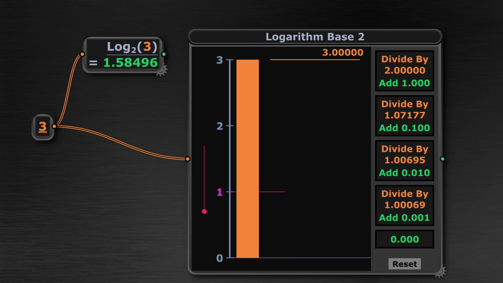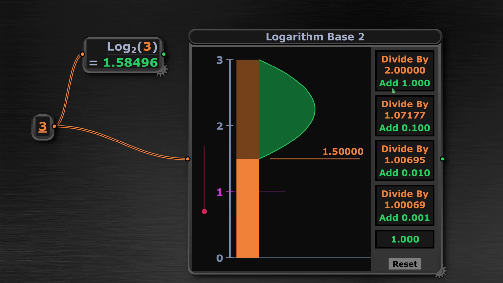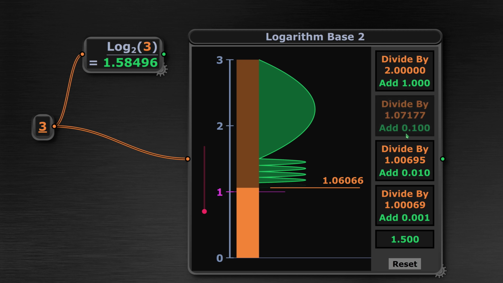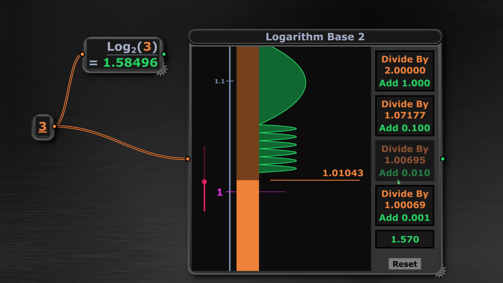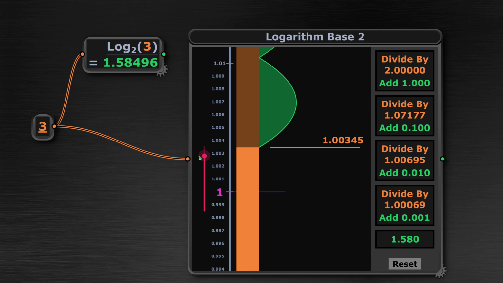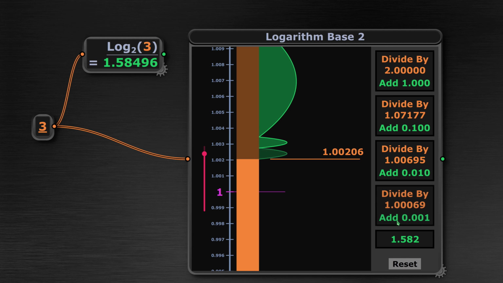So, the logarithm base 2 of 3 is 1.584... Because divide by 2, that's the 1. A tenth of a division by 2, 5 times. A hundredth of a division by 2, 8 times. And a thousandth of a division by 2, 4 times.